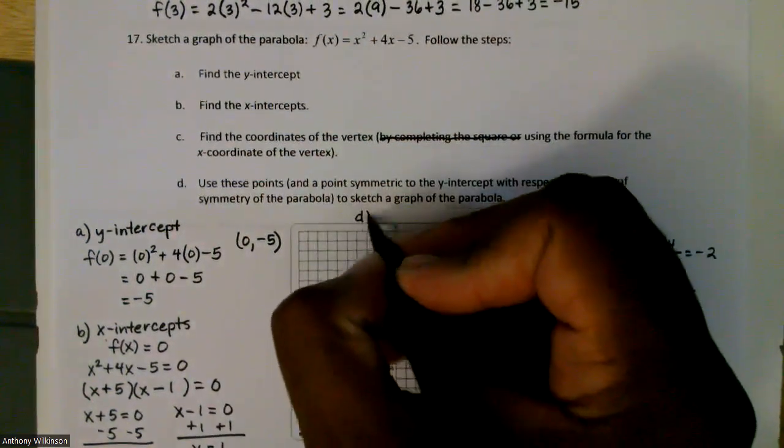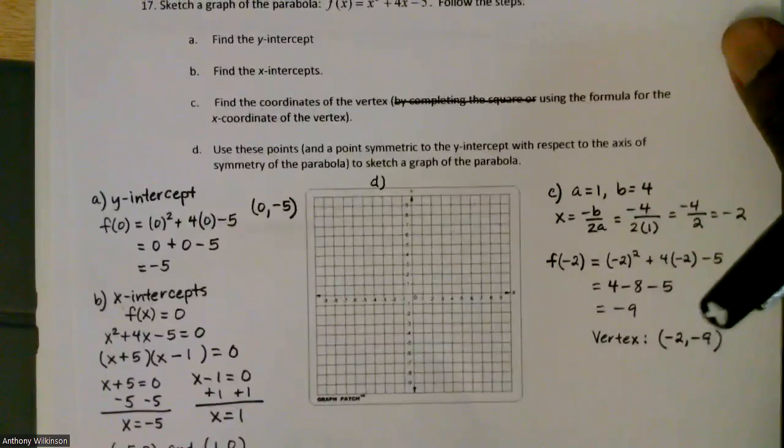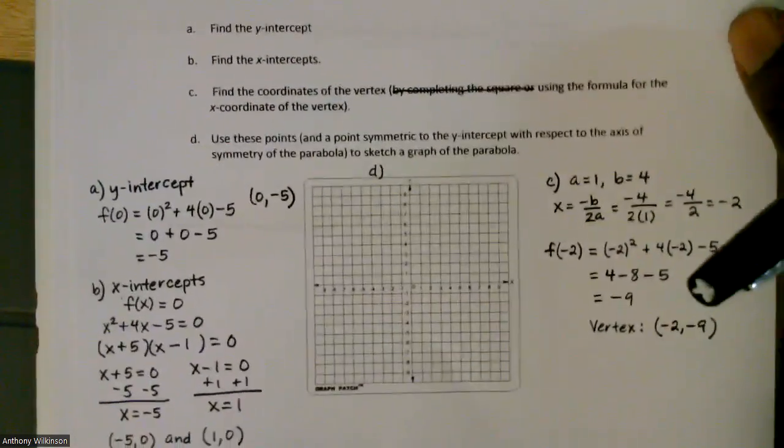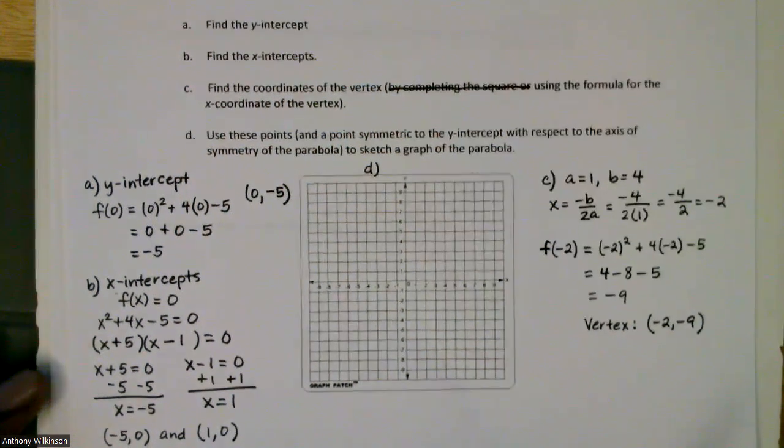And then part D would be just doing the graph, using these points and a point symmetric to the y-intercept with respect to the axis of symmetry of the parabola to sketch the graph of that parabola. Okay, so here's what we do here. My y-intercept is the ordered pair of 0, -5.